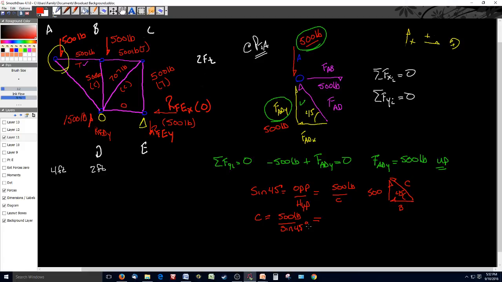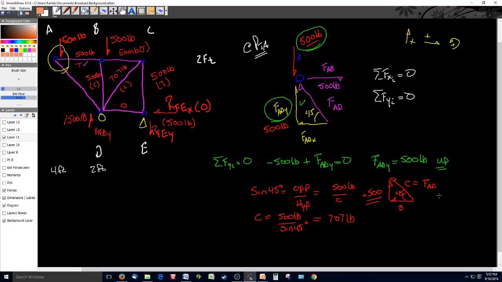That's going to equal 707 pounds. Now it's positive because it is in the up direction, and that just means that my sign is correct, so it's pushing in compression. So 707 pounds in compression. Now C here equals FAD. Let me highlight that.